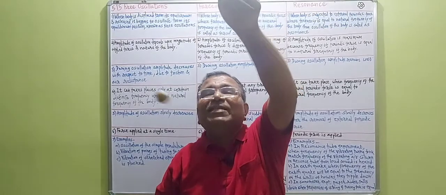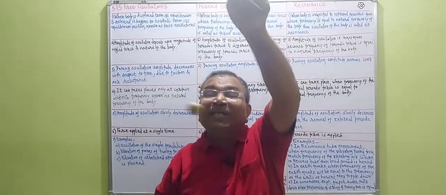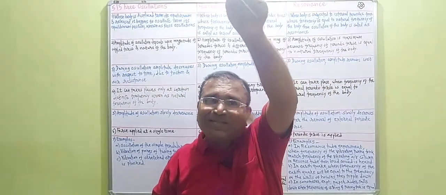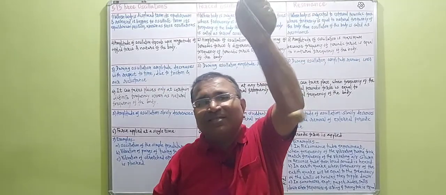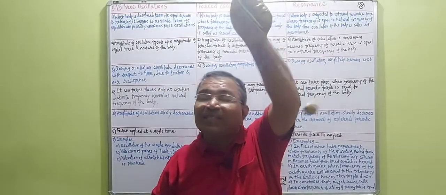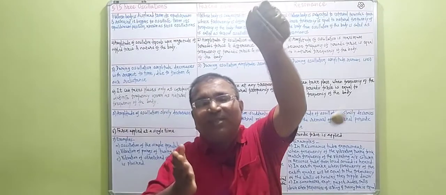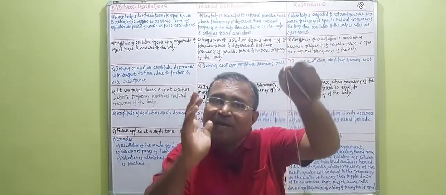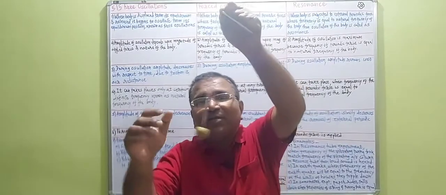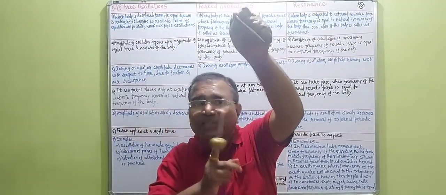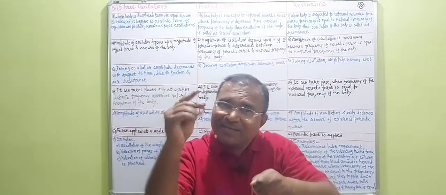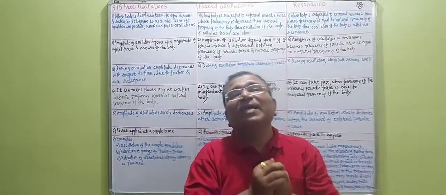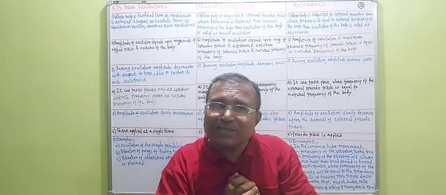Such an oscillation is called free oscillation, or it is also called free vibration. The frequency with which the body oscillates is called the natural frequency of the body.